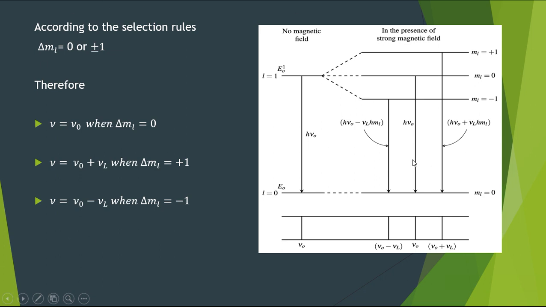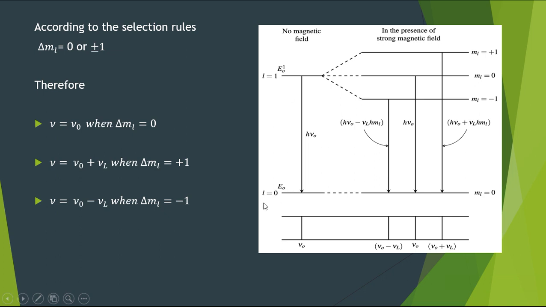As you can see in this figure, this part of the figure represents the transition in the absence of magnetic field. So we consider two energy levels E0 and E0 dash of an atom.